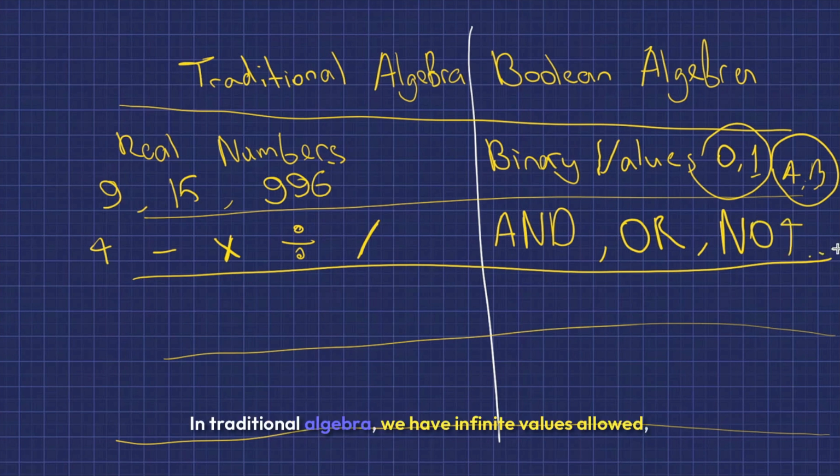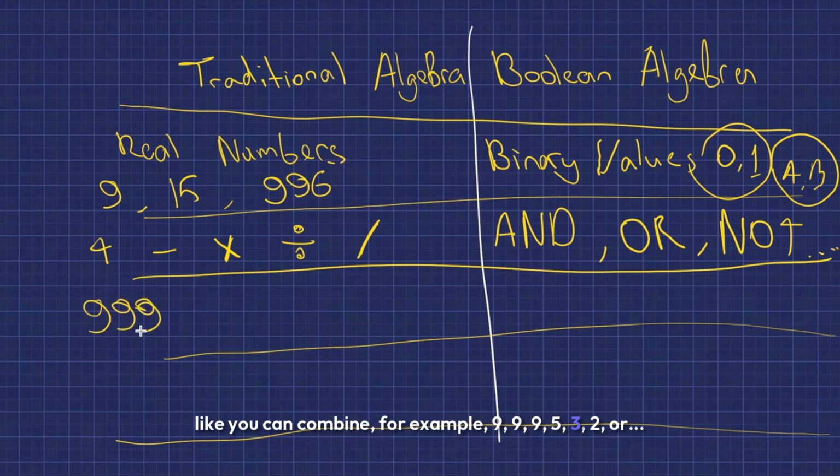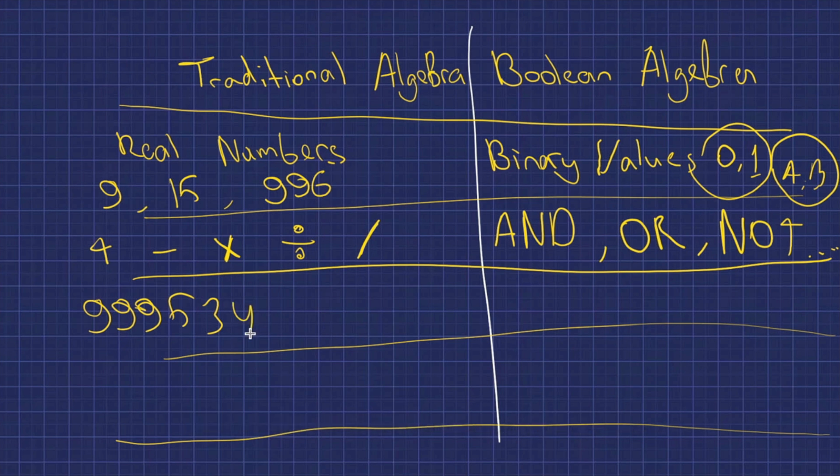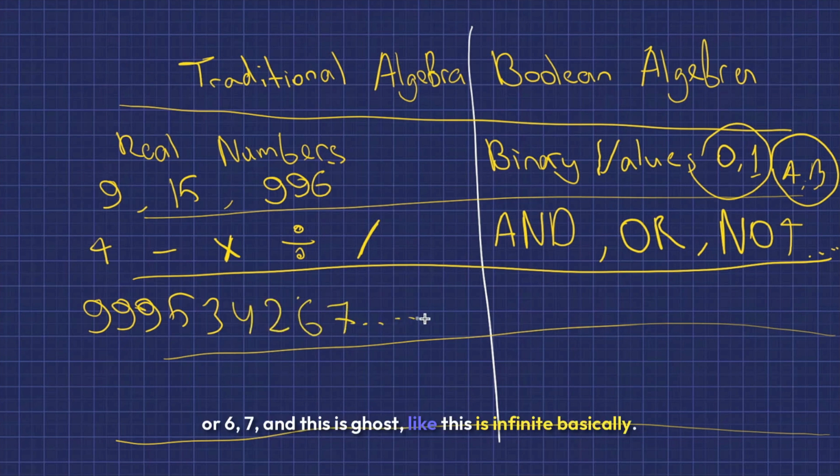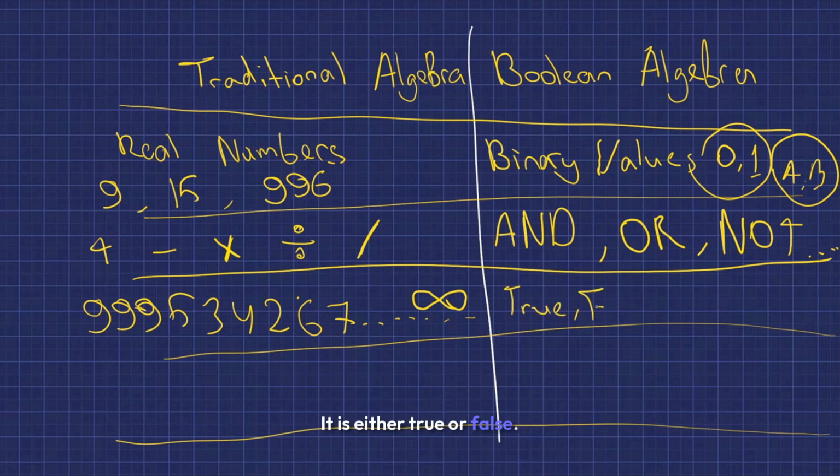In traditional algebra we have infinite values allowed. You can combine, for example, 9, 9, 9, 5, 3, 2, 4, or 6, 7, and this is infinite basically. And in Boolean algebra you can use only two possible values. It is either true or false.